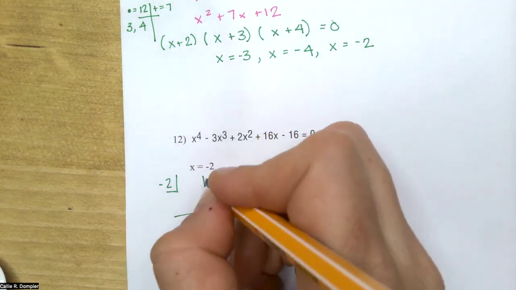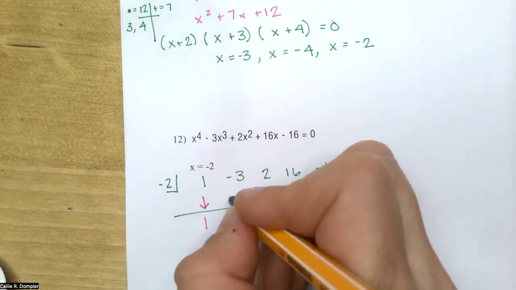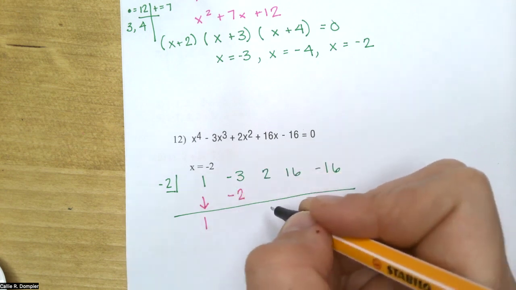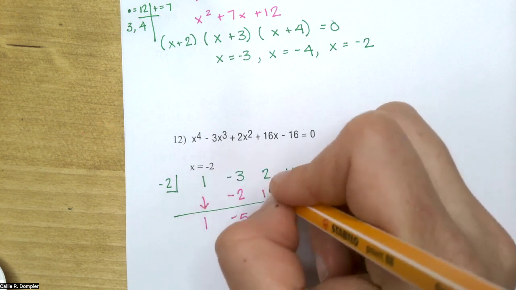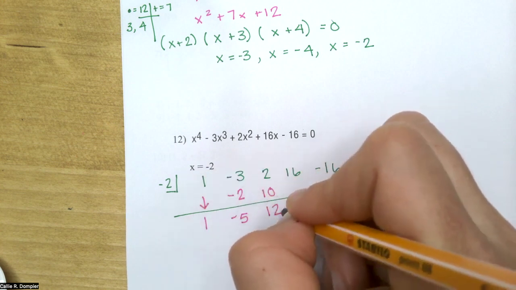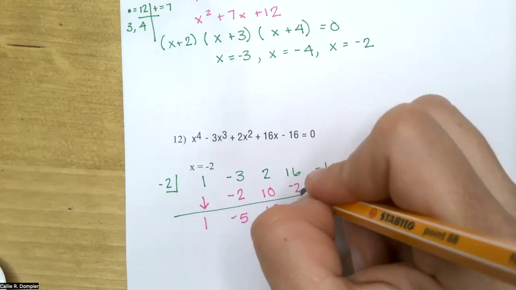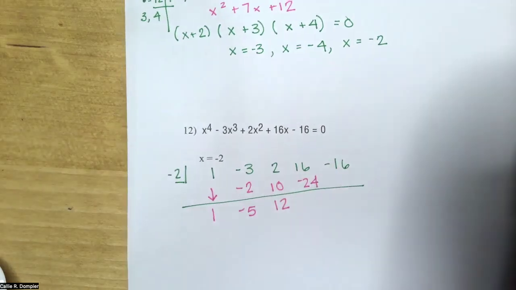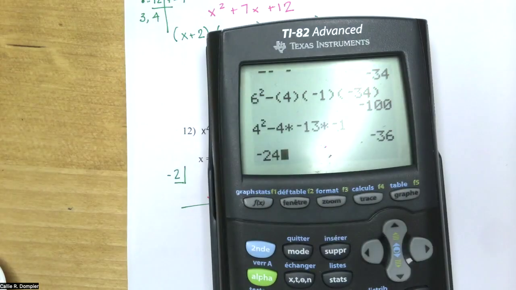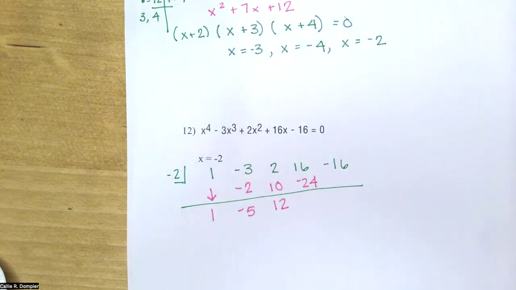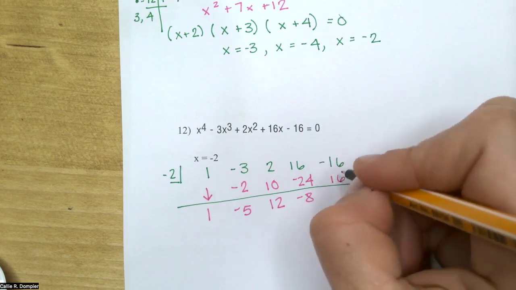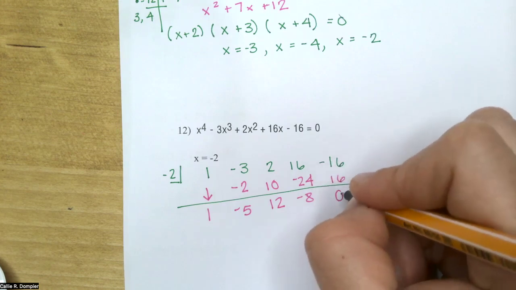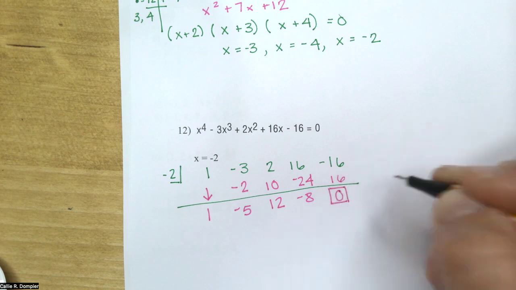The 1 comes straight down. 1 times -2 is -2. -3 combined with -2 is a -5. -5 times -2 is 10. 2 plus 10 is 12. 12 times negative 2 is negative 24. Negative 24 plus 16 is negative 8. Negative 8 times negative 2 is a positive 16. Negative 16 and positive 16 is 0, so that is a factor.